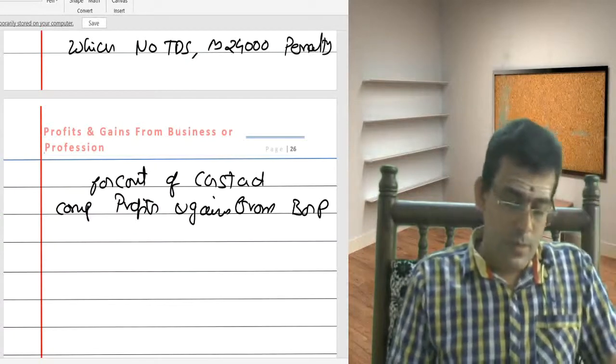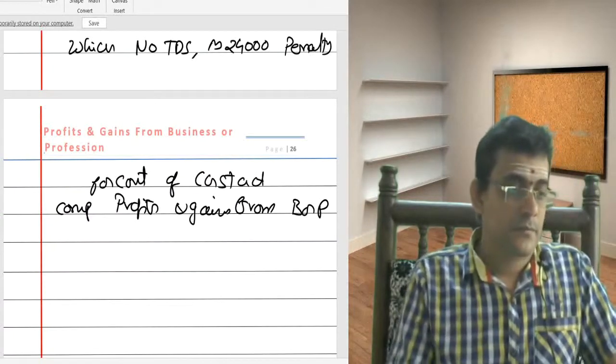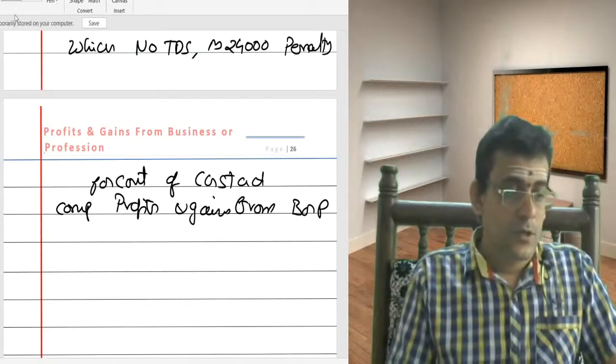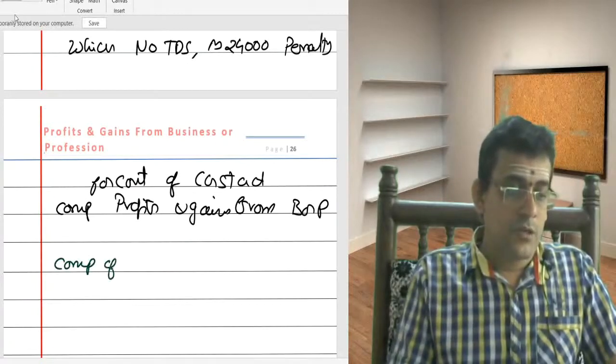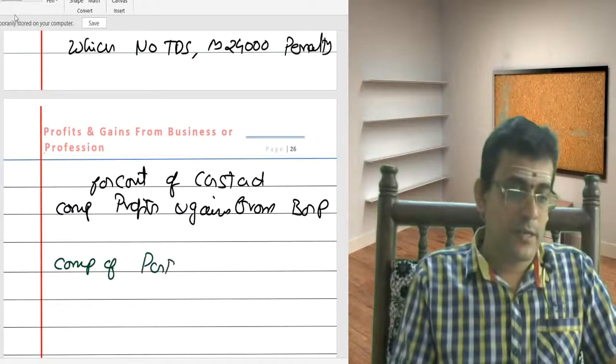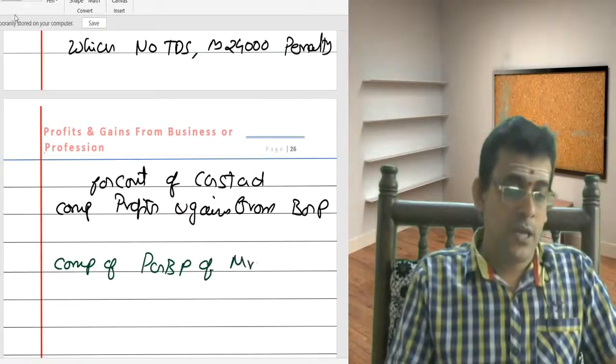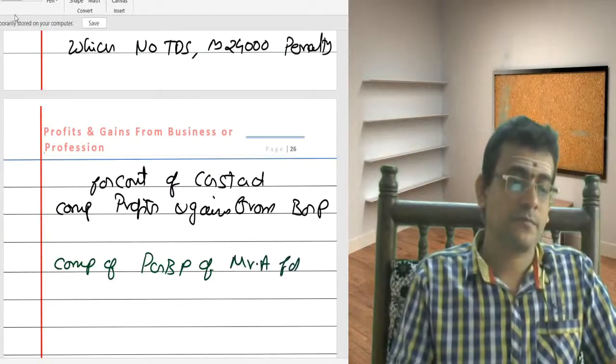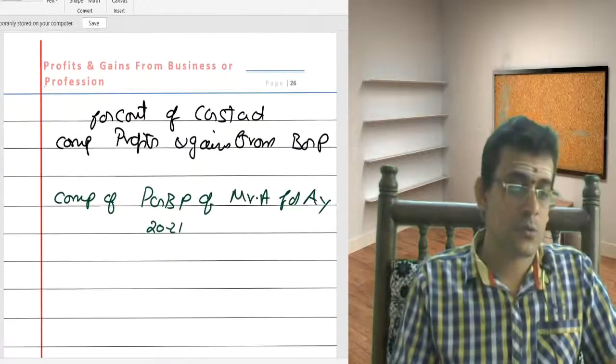Now, let us write here: computation of profits and gains from business or profession of Mr. A for assessment year 2021. That is what you are supposed to consider.